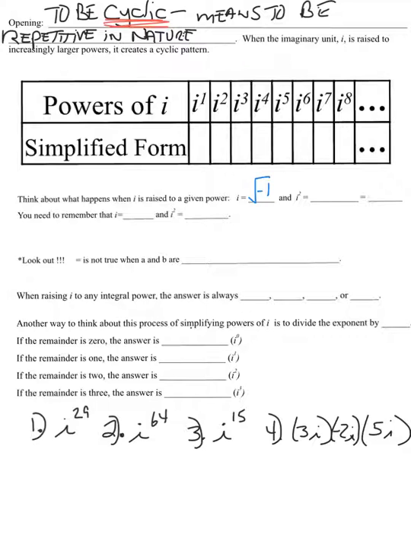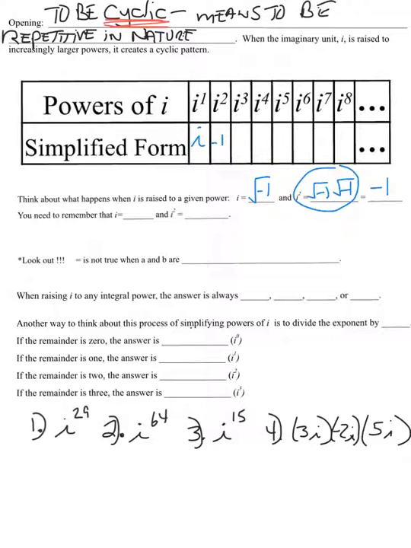I to the first power is going to be i. Now, i squared is the square root of -1 times another square root of -1. Whenever we get a pair of buddies like this, it comes out, so that's equal to -1. So i squared is going to be -1.